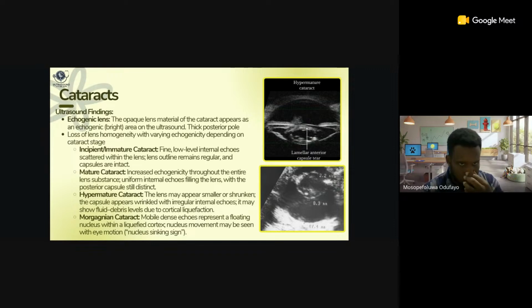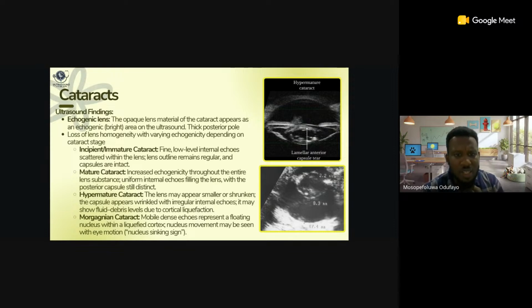Is that okay? The loss of lens homogeneity is also present, and this may vary based on the cataract stage. If it is an immature cataract, low level internal echoes. If it is a mature cataract, increased echogenicity will be seen. If it's a hypermature cataract, you have a shrunken lens. Is that okay? And the capsule will appear wrinkled.